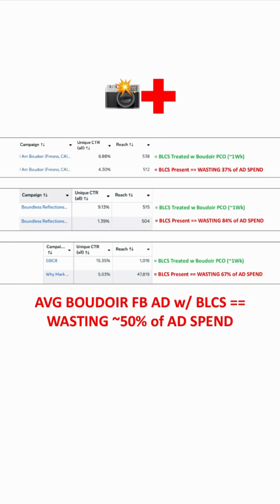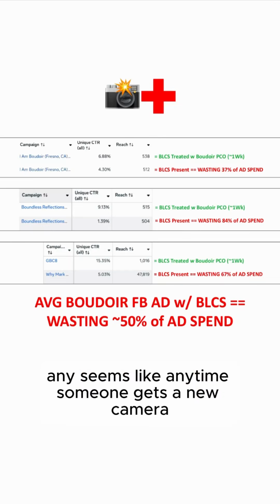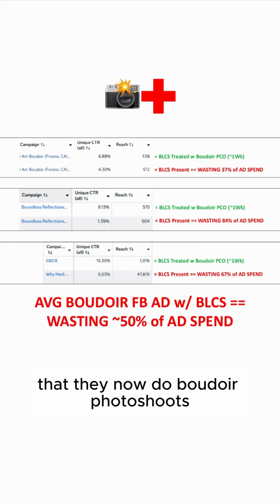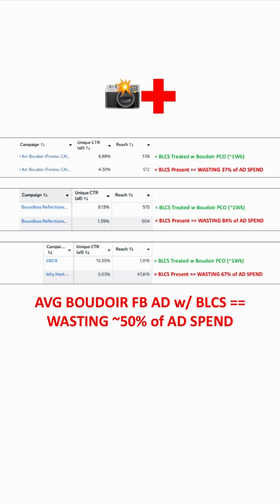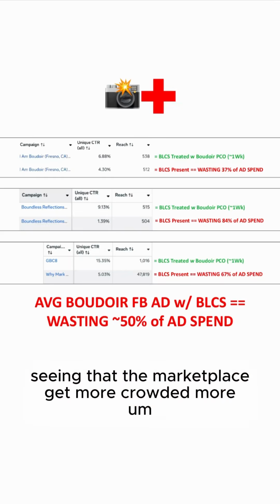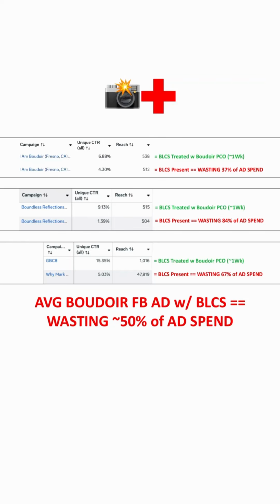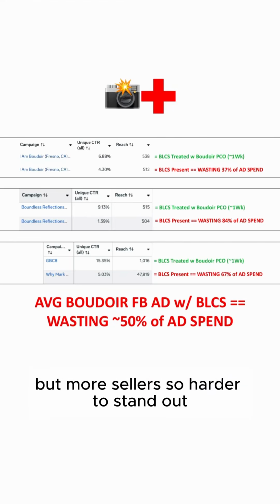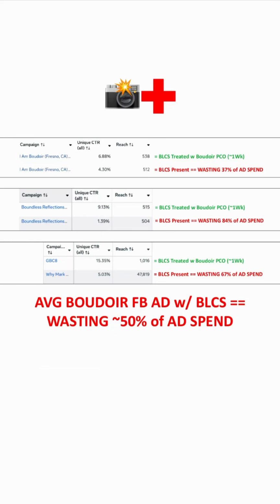And it seems like anytime someone gets a new camera, they're posting in the mom groups that they now do boudoir photo shoots. So you're seeing the marketplace get more crowded, more competitive, same number of buyers but more sellers, so harder to stand out.